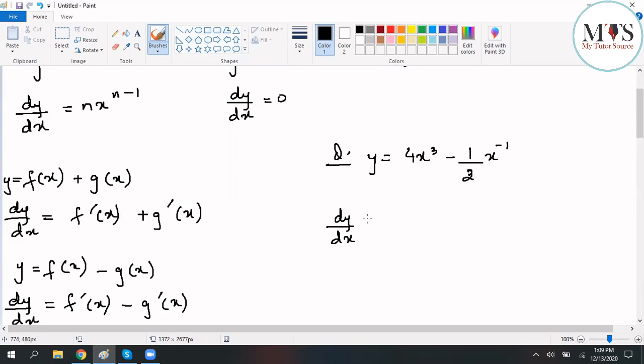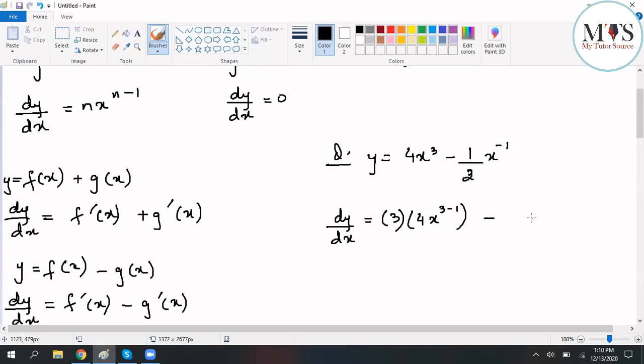Do you do 3 into 4? 12. What about the power? 12x. You minus it by 1, so it's 2. Correct.